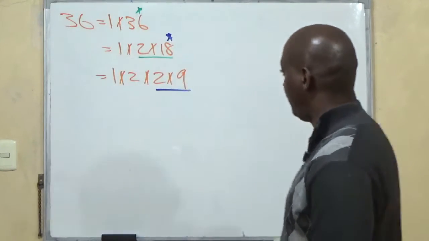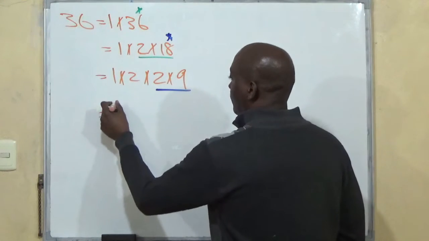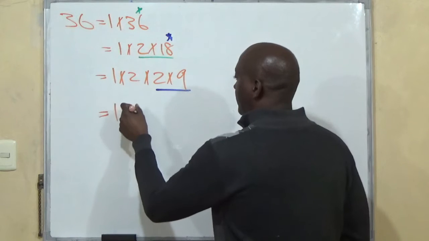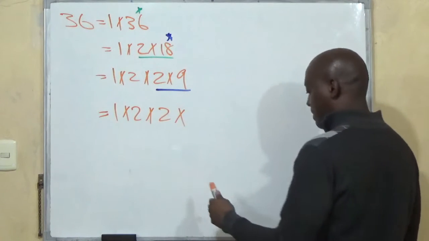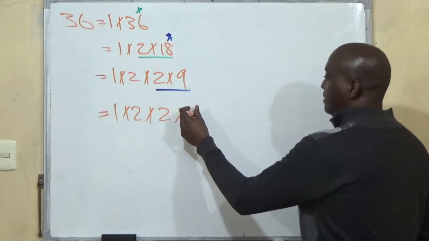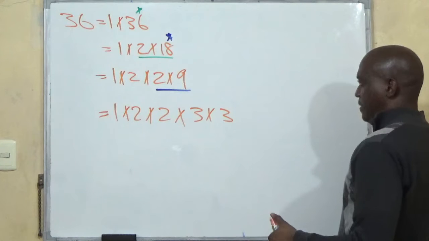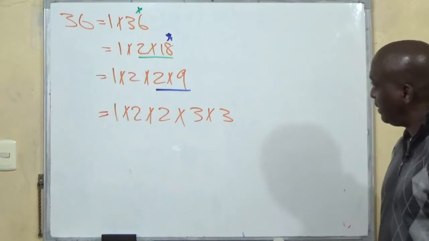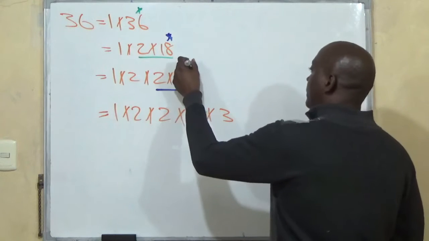So what we do? We say now that this is 1 by 2 by 2 multiplied by 9, which is 3 by 3. So we have the 9 here.